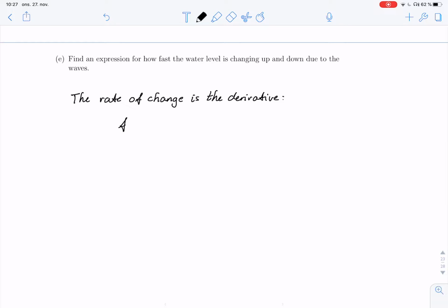So if we have f of t equal to the expression given, we start out with that 2.0 cosine 0.73t.